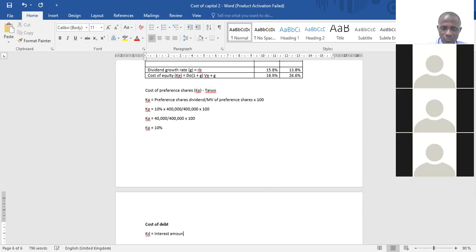Interest amount into bracket 1 minus tax rate, over market value of debt times 100. This is the formula. So let's compute for Taiwo.